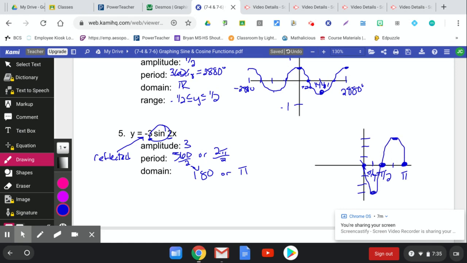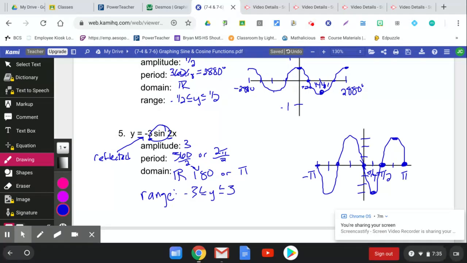So that's what this looks like. And you can do the same thing in the opposite direction, and it'll look like this. A little sloppy there. You get the idea. Domain is all real numbers, and the range for this function is from negative 3 to 3.